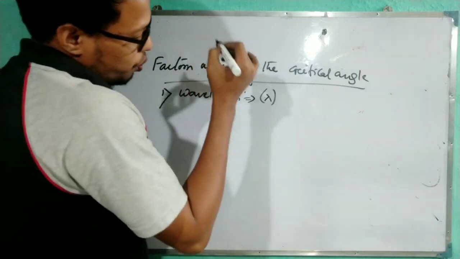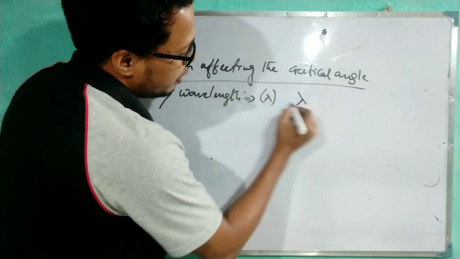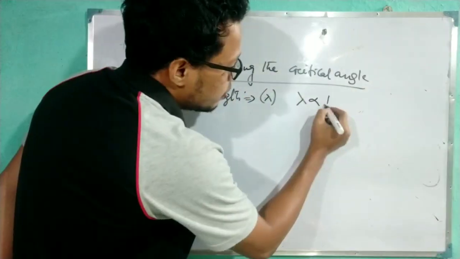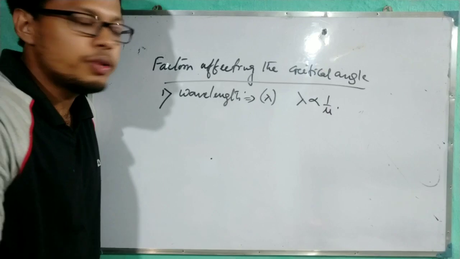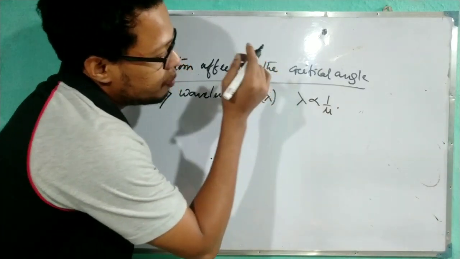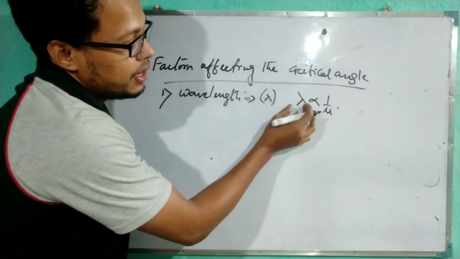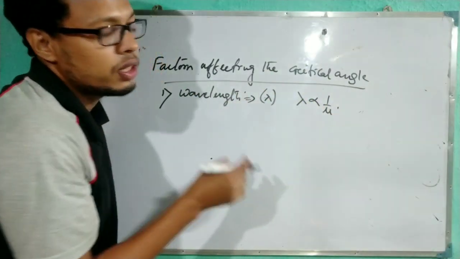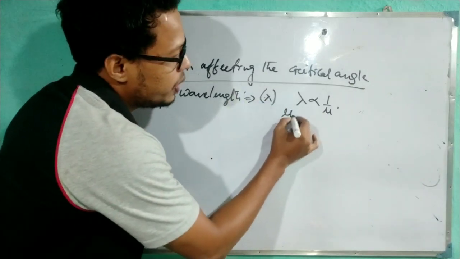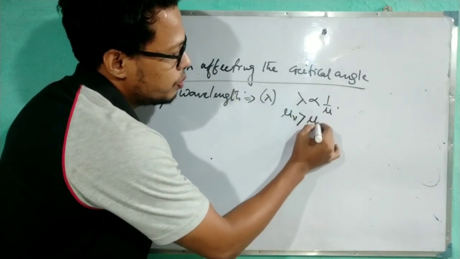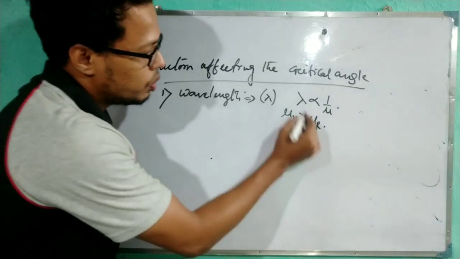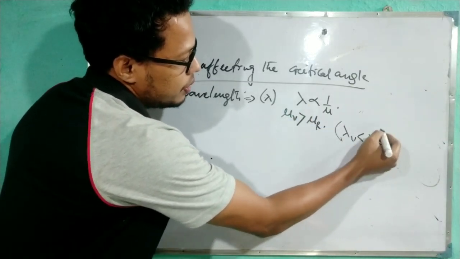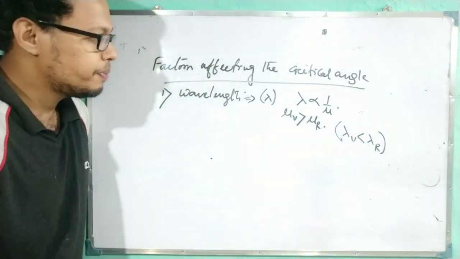When lambda decreases, the refractive index increases, because lambda is proportional to 1 by mu. For violet color, as the wavelength is less, the refractive index will be more, so mu violet is greater than mu red, because lambda violet is less than lambda red.